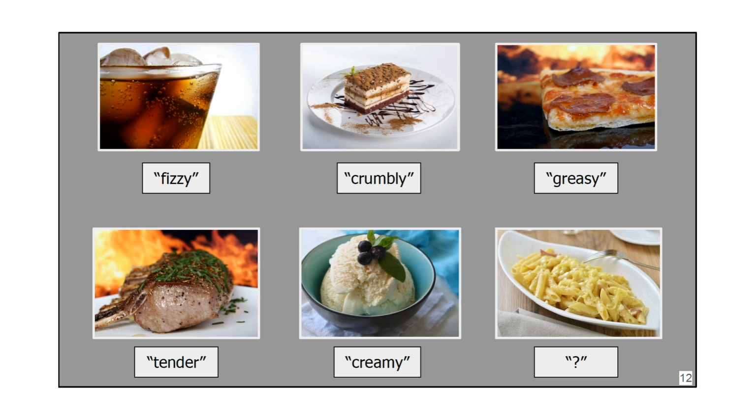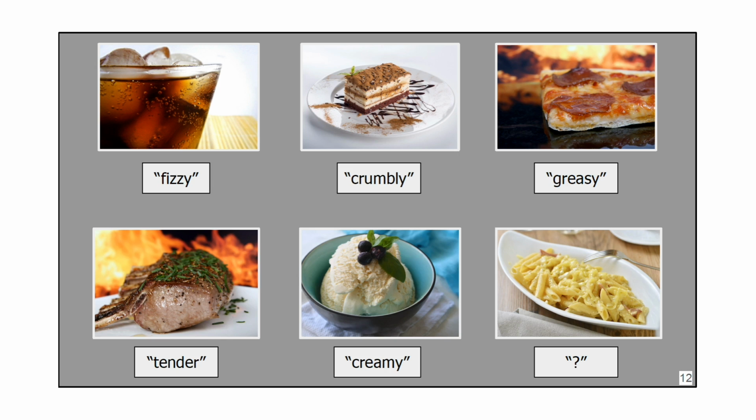Remember, texture is something you can learn with your eyes closed. When you look at the first, second, and third images, the soda, the cake, and the pizza, you can predict what each surface might feel like.